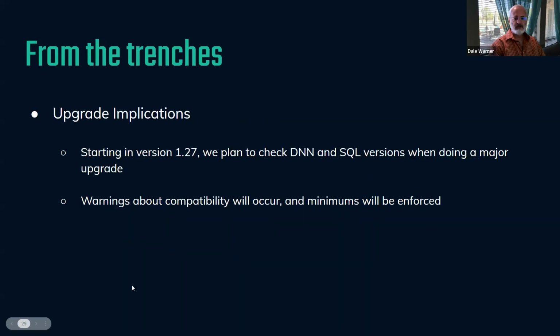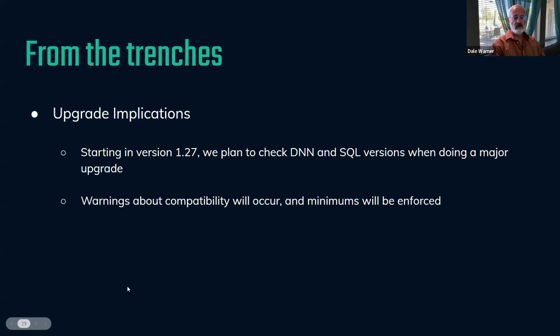There are upgrade implications for that. Starting in version 127, we're also planning to check what DNN and SQL versions you have installed and make recommendations to you. For example, if you're running a DNN version higher than what we've tested, we'll mention that. If you're running one that is lower than we recommend, we'll mention that as well.